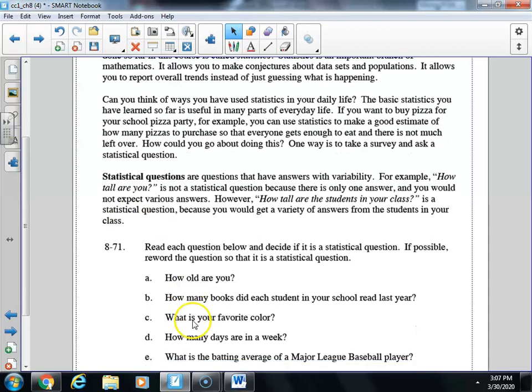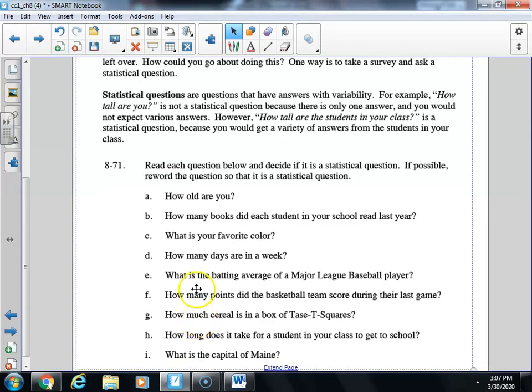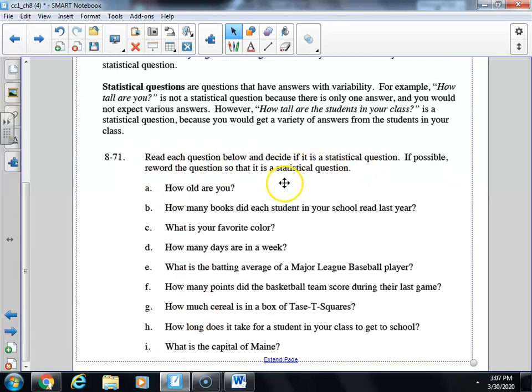So for question 71, it says read each question below and decide if it is a statistical question. So I want you guys to pause the video and letter A through I on your paper. I want you guys to think about is it a statistical question or is it a non-statistical question? So you guys are going to write statistical or non-statistical next to each of these.